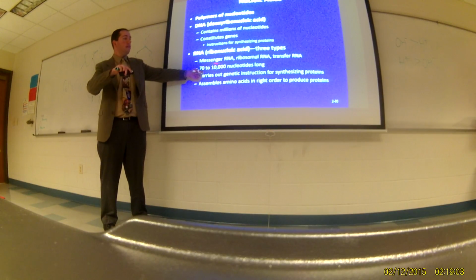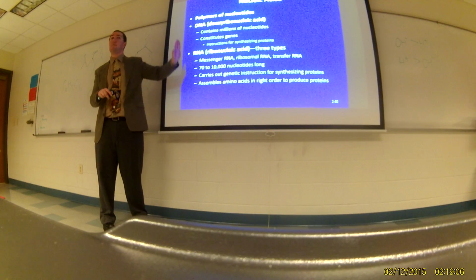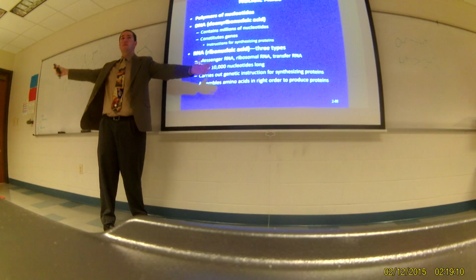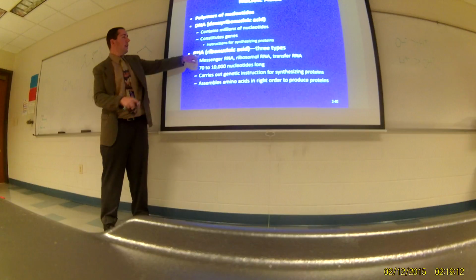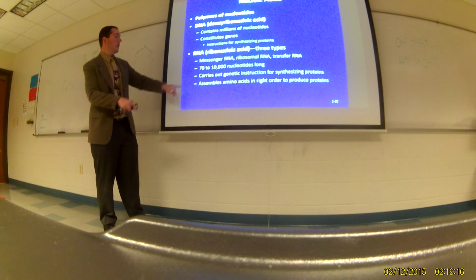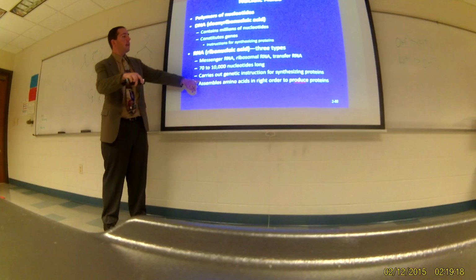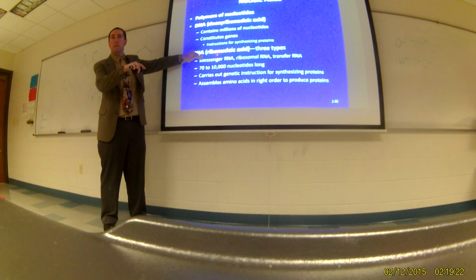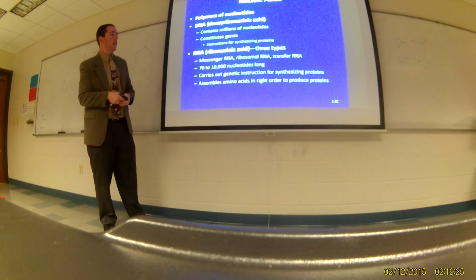These are big, 70 to 10,000 nucleotides, but they are not as big as DNA. DNA contains a whole bunch of genes. Each RNA comes from one gene. We'll see the process of making a protein, but we use DNA to make RNA, and then RNA is used to make proteins.